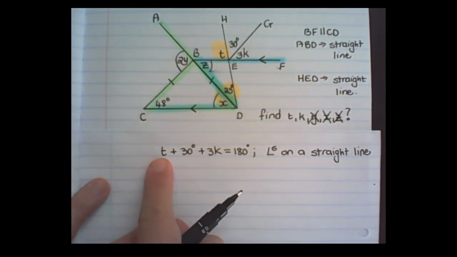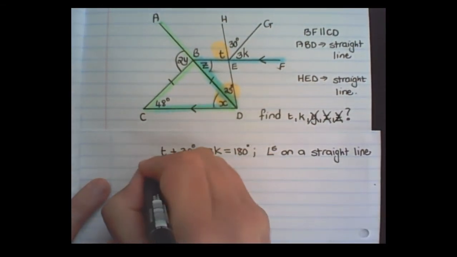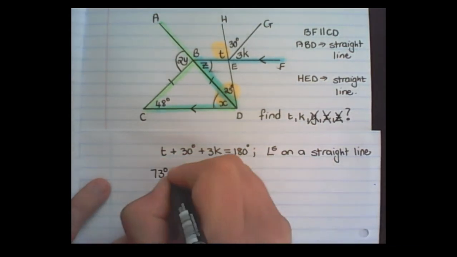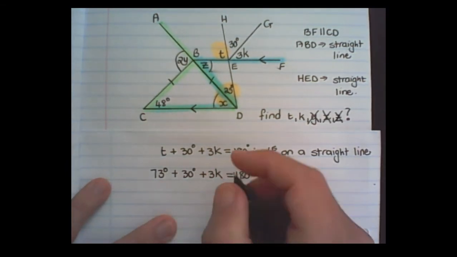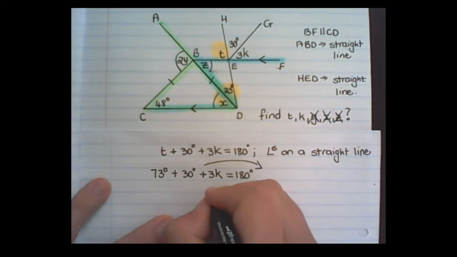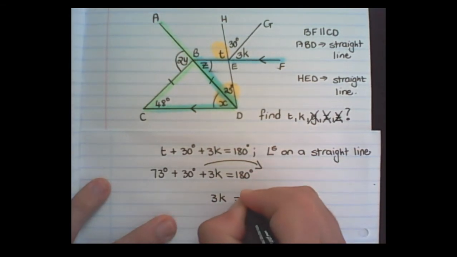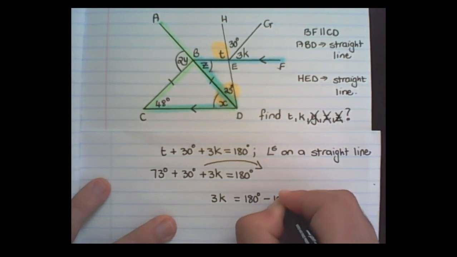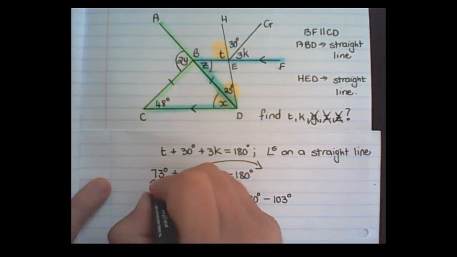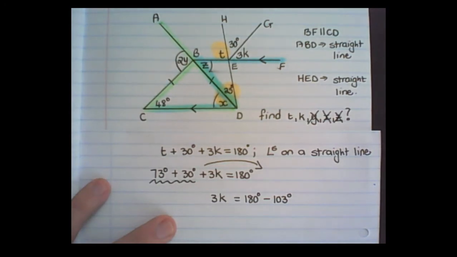Now I can substitute t with 73 degrees. To find k, I can move the 73 plus 30 to the other side. So 3k is equal to 180 minus 103 degrees, because 73 plus 30 is 103 degrees.